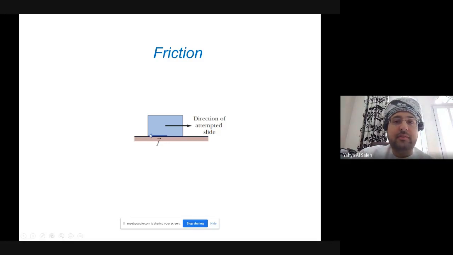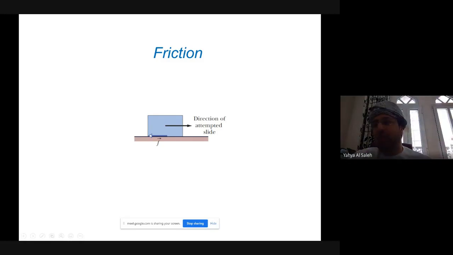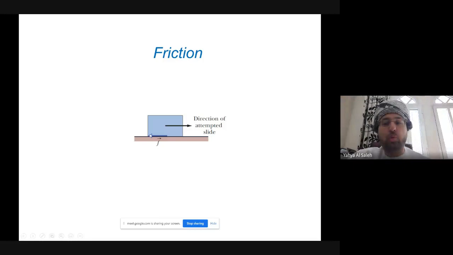This force that opposes the motion, that usually slows it down or causes heat, we call friction, and it always works in the opposite direction of motion. I'm only stating these without going into a lot of detail because we will discuss each one in detail in the next chapter and the one after it.